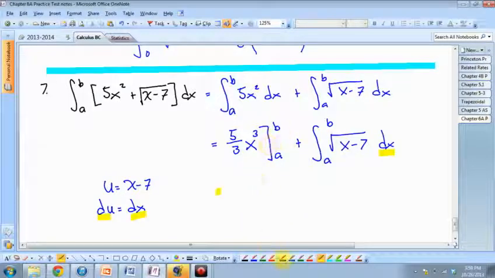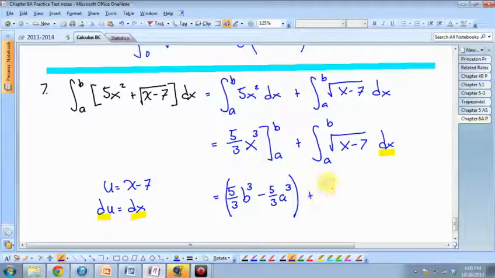Let's take this opportunity to simplify this again. That's 5/3 of b cubed minus 5/3 of a cubed plus antiderivative of u to the 1/2 power du.